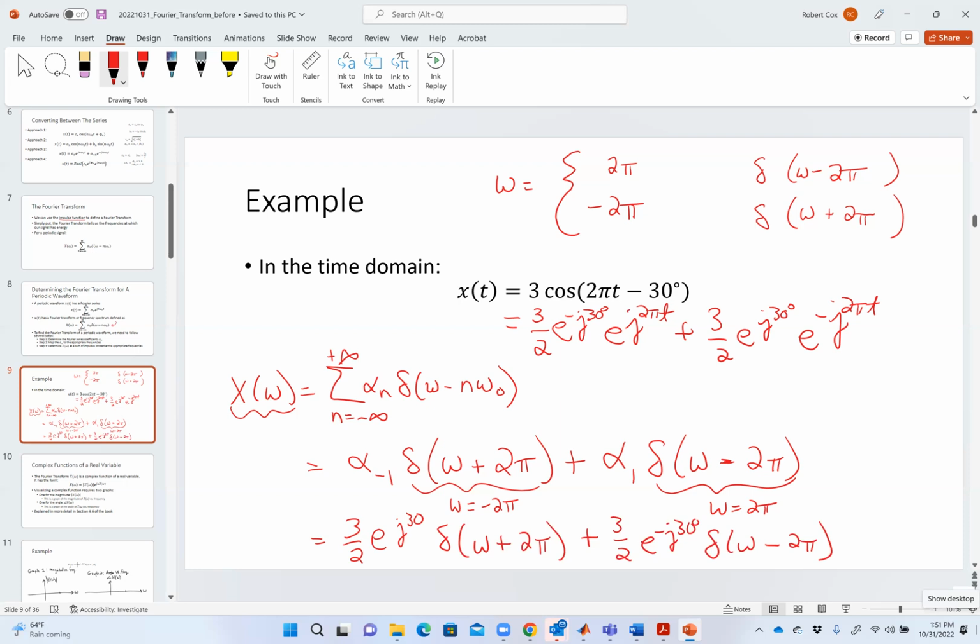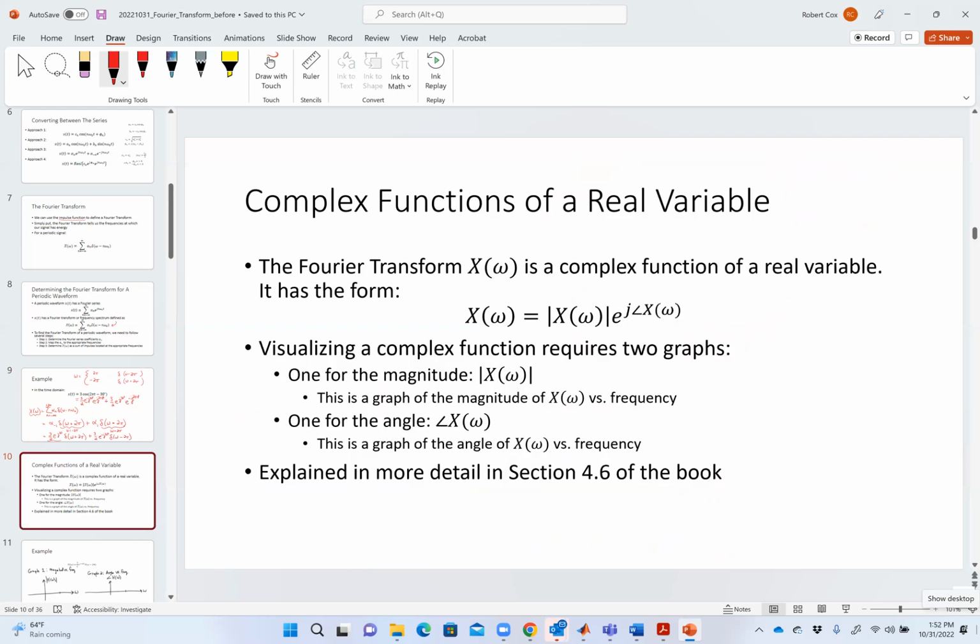Well, there would be impulses, but I have impulses multiplied by complex numbers. That's a funny concept, right? What I have here, this X of omega, is a complex function of a real variable.